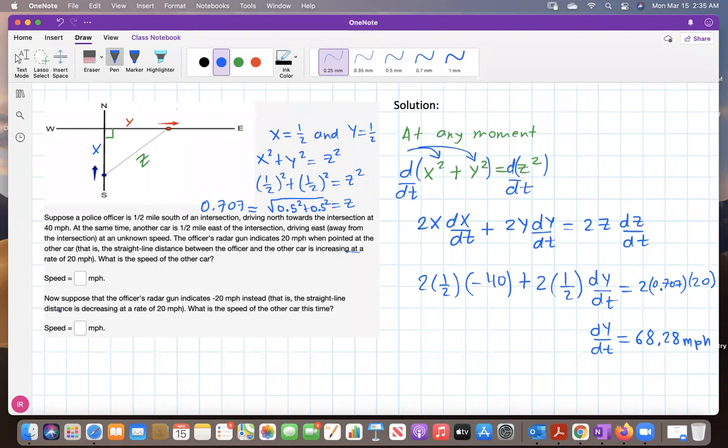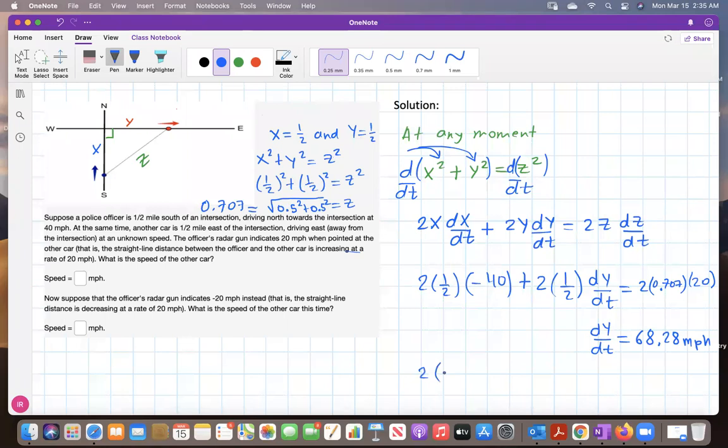Now, they say, now suppose that the officer's radar gun indicates negative 20 miles per hour instead. That is, the straight line distance is decreasing at a rate of 20 miles per hour. What is the speed of the other car this time? All right, so the idea is the same, right? Precisely the same.